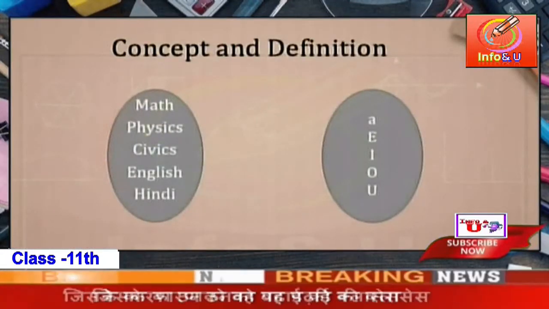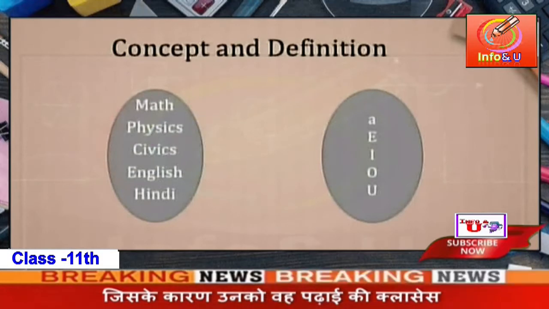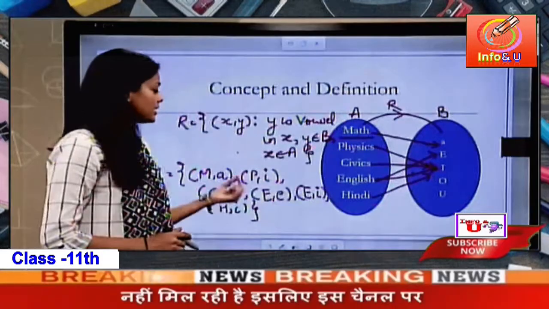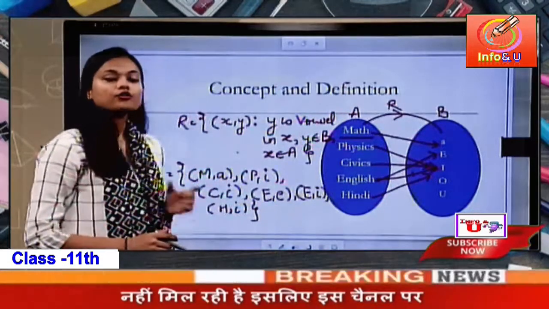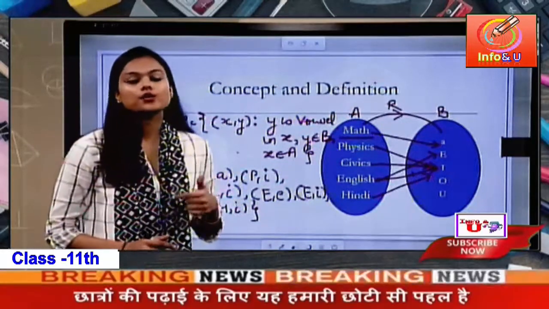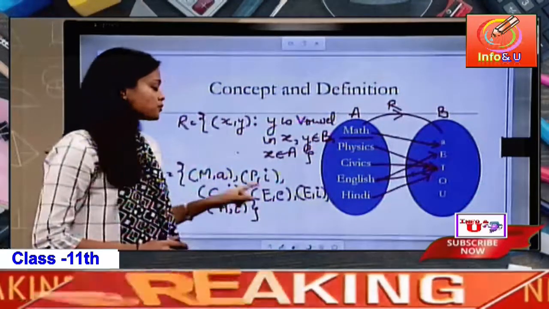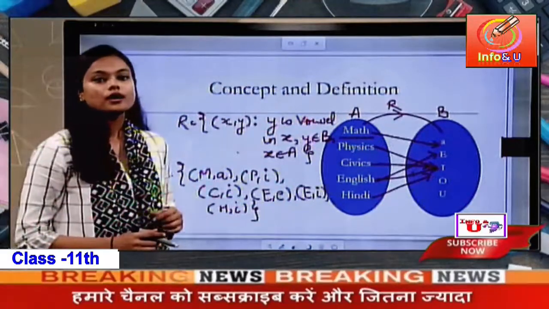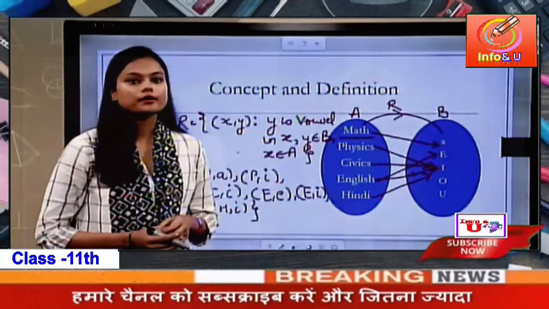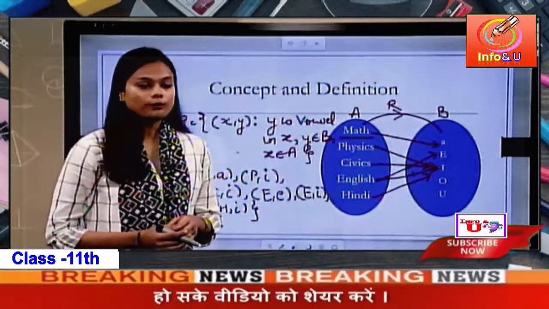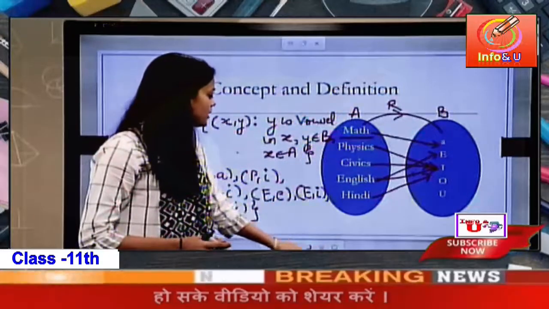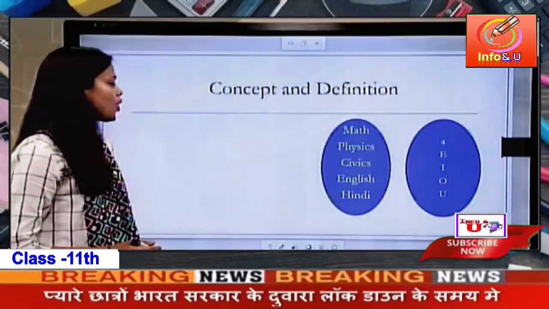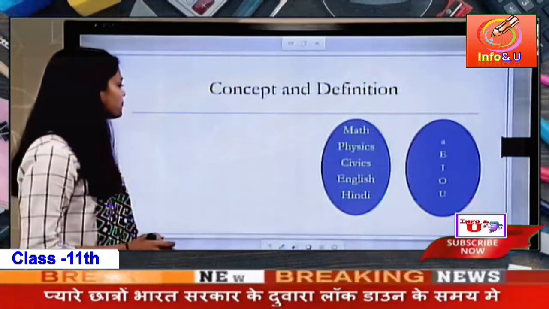So this set is a subset of the Cartesian product, where the elements of the ordered pairs are derived from the relationship between the two elements of an ordered pair. Now, let us see the formal definition of relation.